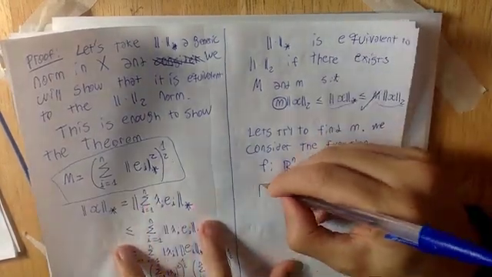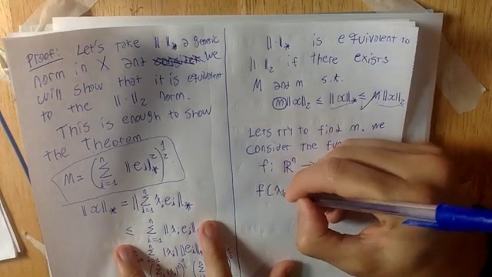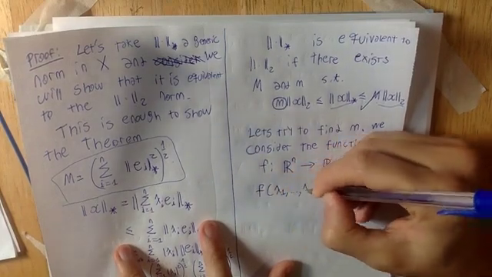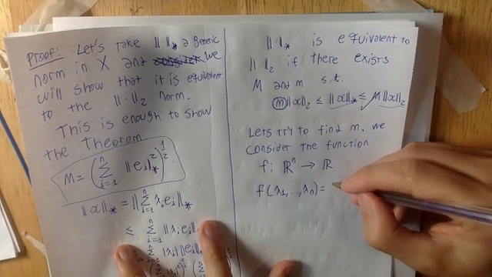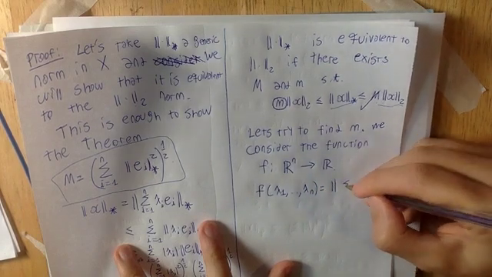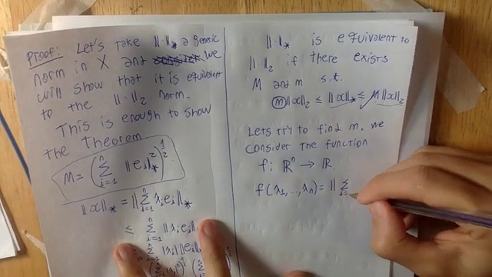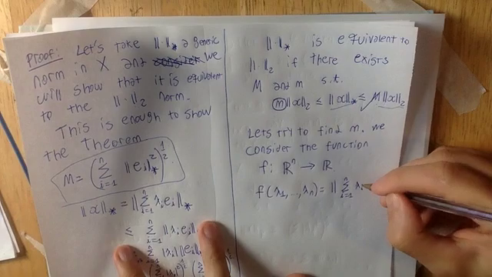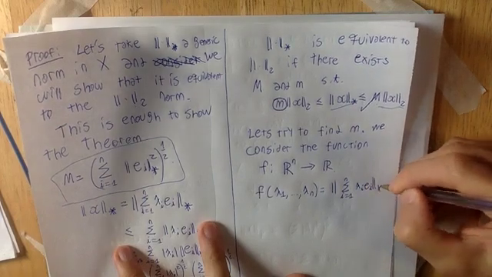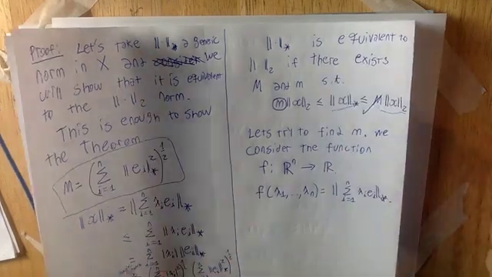So f of lambda_1 through lambda_n is equal to the star norm of the vector with those coordinates, the sum of lambda_i e_i star.